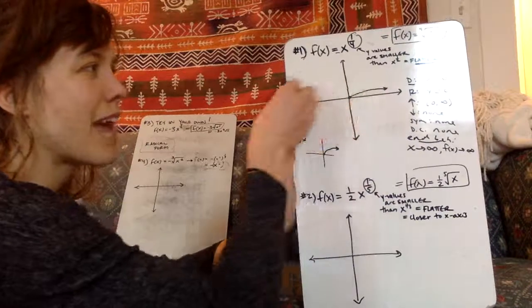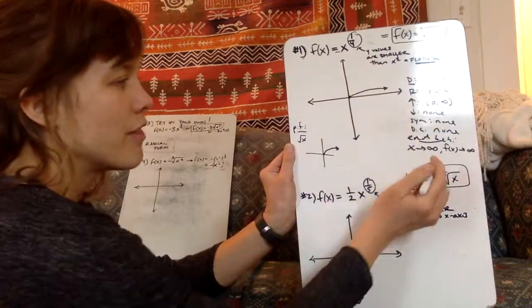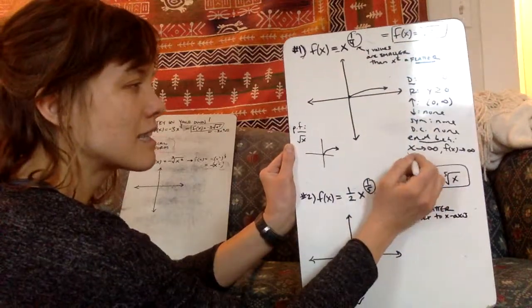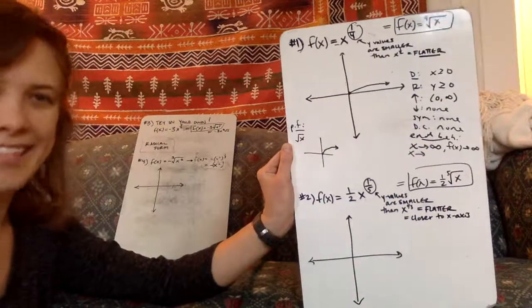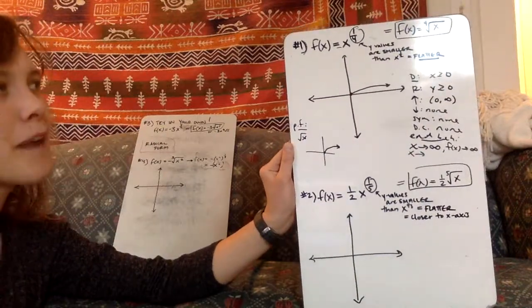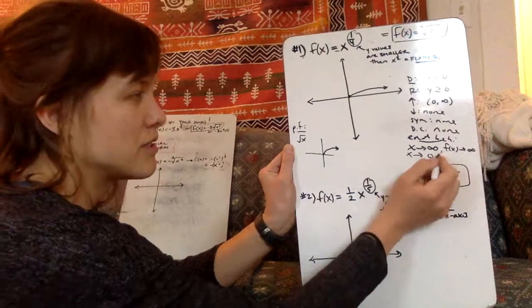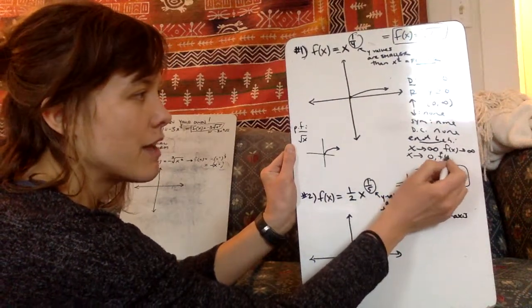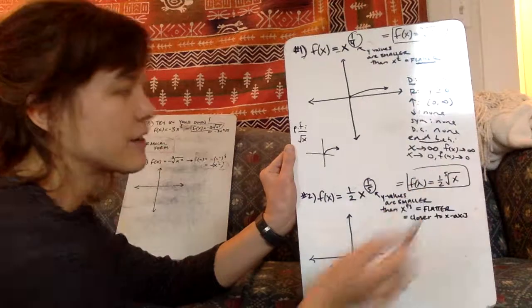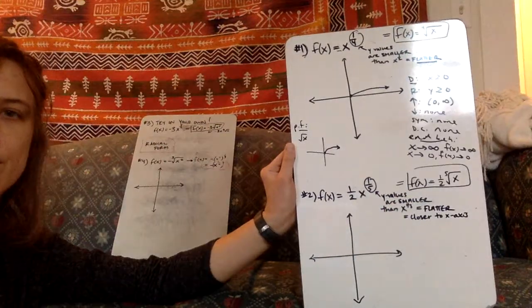But I don't have x approaching negative infinity. The minimum value for x is 0, so x can only approach 0. So as x approaches 0, f of x also approaches 0. So that's my end behavior for this first graph.